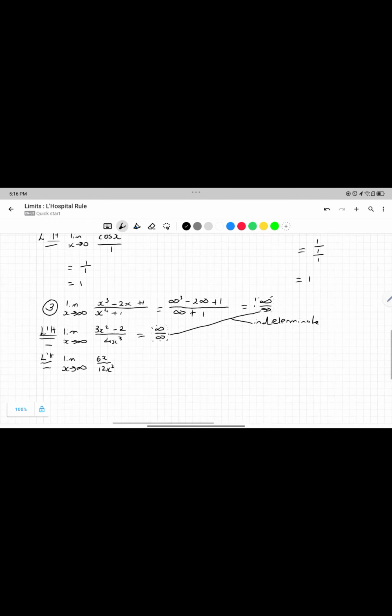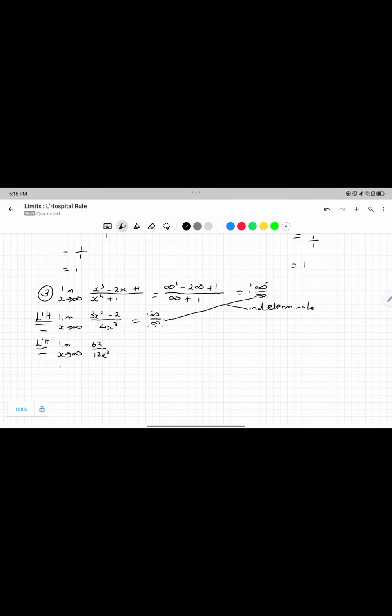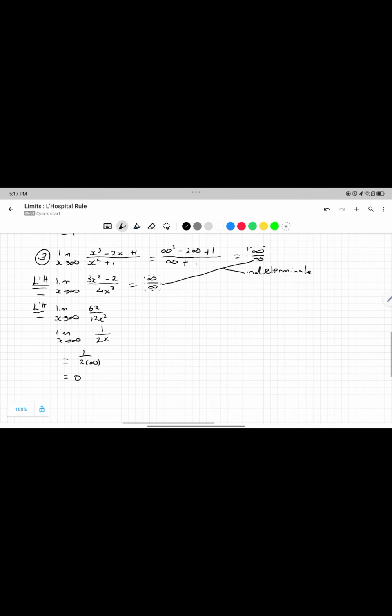So in the most basic sense, as x approaches infinity, 6 gets into 12 how many times? 2 times x. So this is what we get. Yeah, this is our final answer.